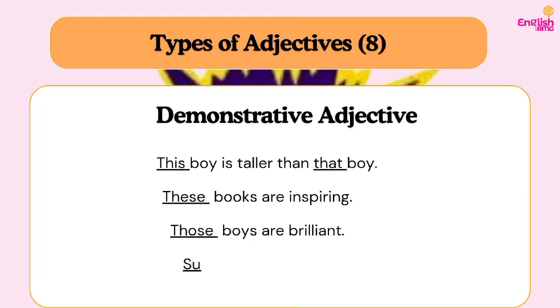However, what I really need you to note in demonstrative adjective is that demonstrative adjective can also be singular or plural, depending on the noun that is referred to. Do you understand? So this is singular for closer noun. So when I have only one boy, I say this boy. But when the noun is plural, like I have in books, I use these.